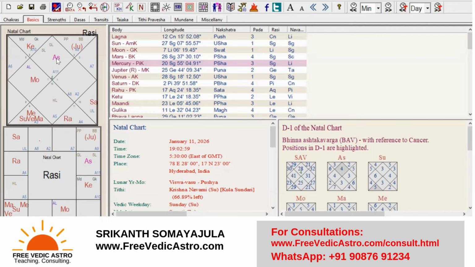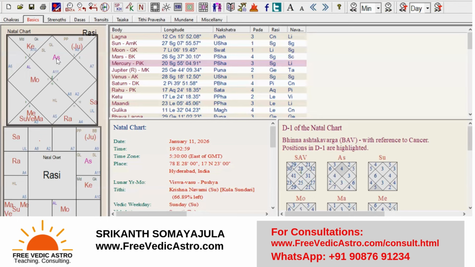And sir, does the retrogression of papagrahas, the malefic planets, increase the maleficence or the beneficence? That's why I said it depends on the chart. There is no standard rule.